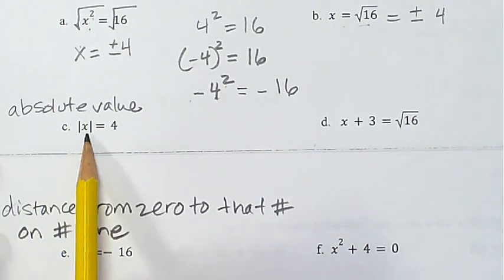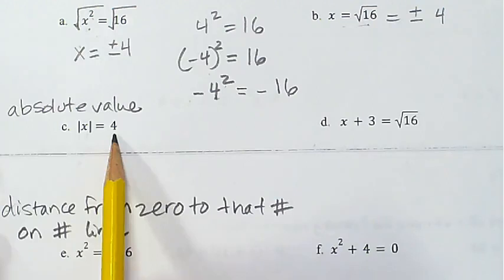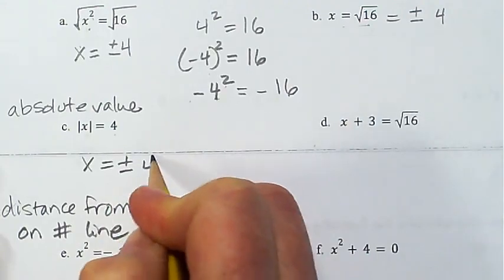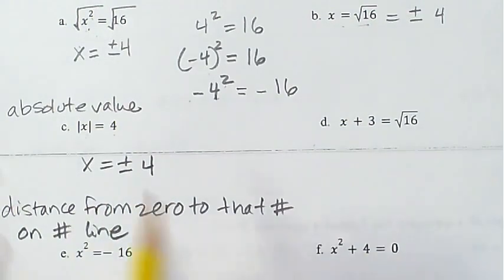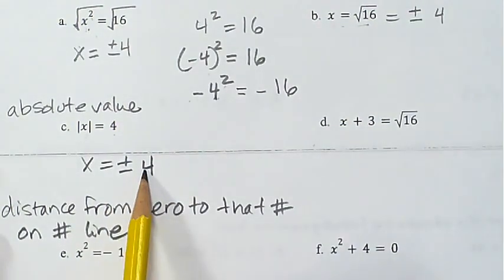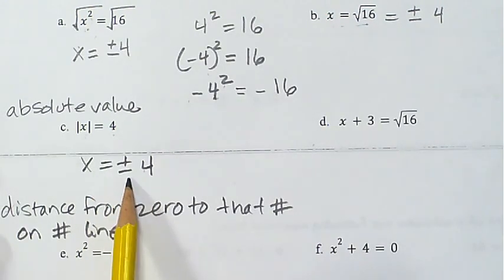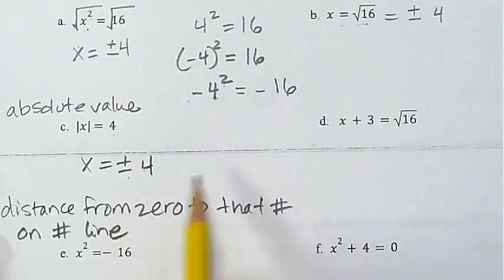So for example, absolute value of x is 4 is also going to be x equals plus or minus 4 because the distance from 0 to positive 4 on the number line is 4 and the distance from 0 to negative 4 on the number line is also 4.